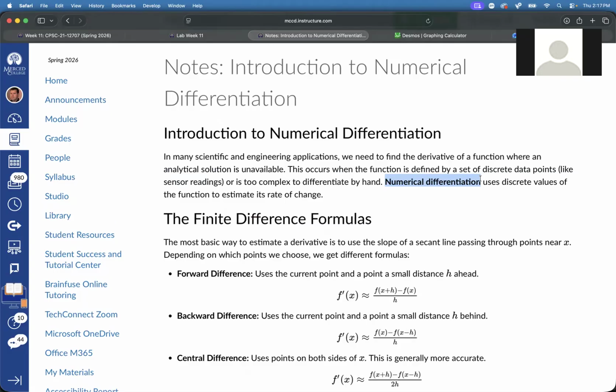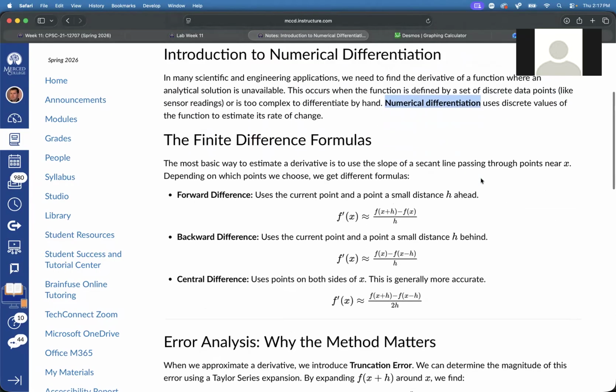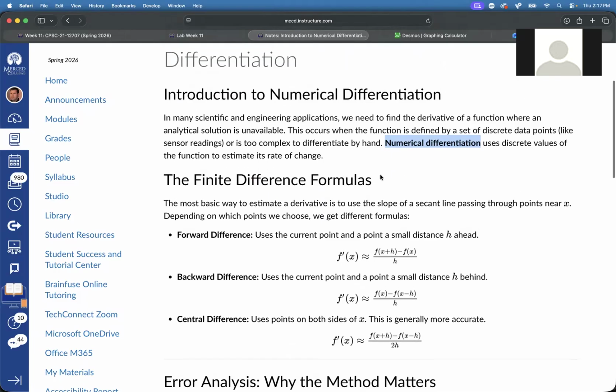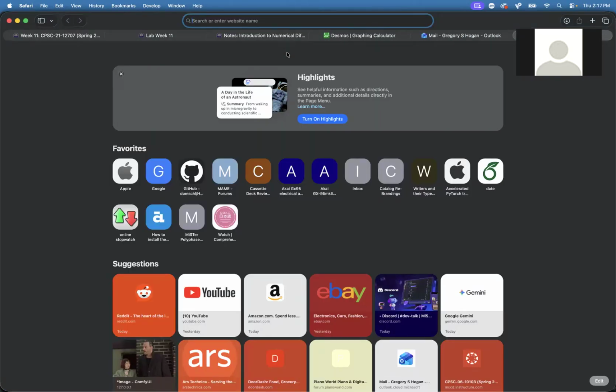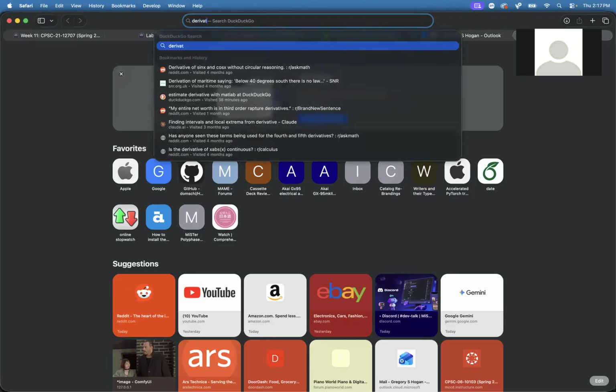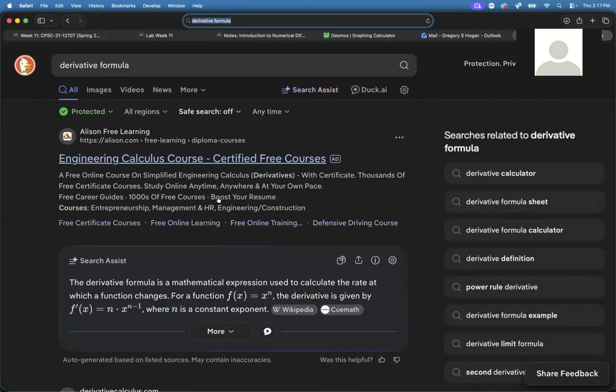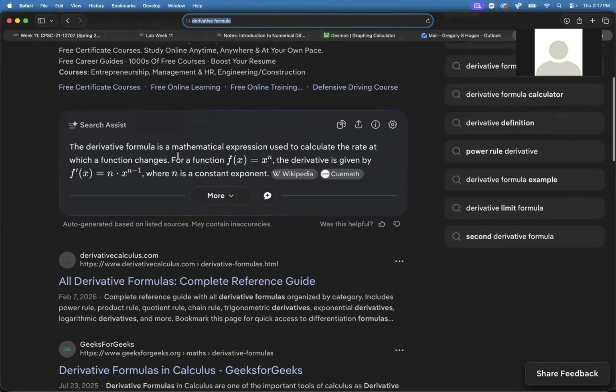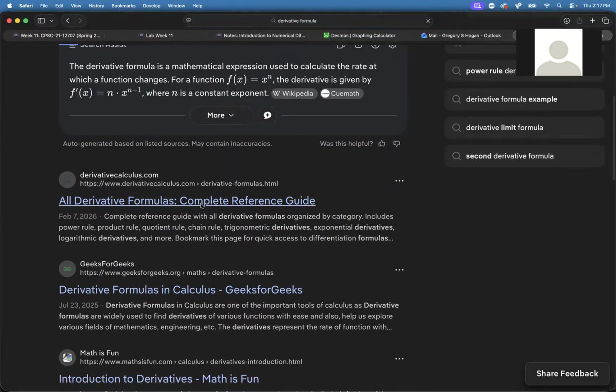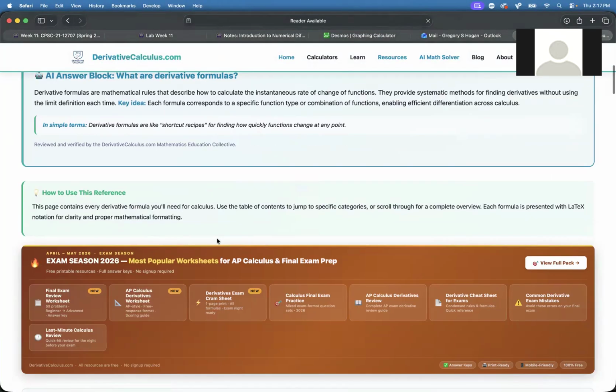And that's not hard, right? Because I guess it's not listed here, which I should fix. But the formula for a derivative, let's just Google here. What do we want? Derivative formula. I'm sure the first link will have it, right?